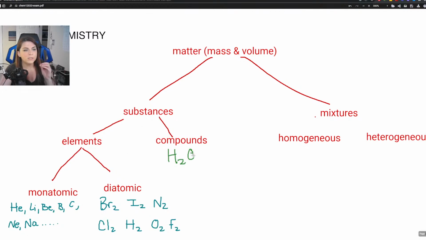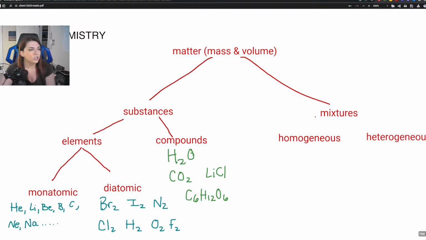They are elements bonded together. Carbon dioxide, CO2. Lithium chloride, a lithium bonded to a chlorine. Then we could have something crazy like glucose. You have a lot of atoms in here, C6H12O6. If they are bonded together, they are compounds, but they have definite formulas. So glucose will always be glucose.